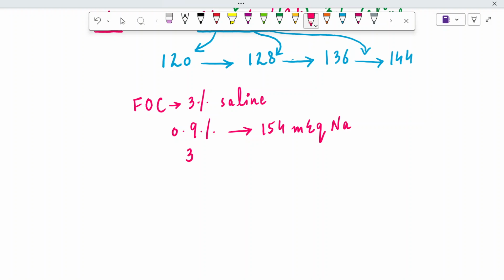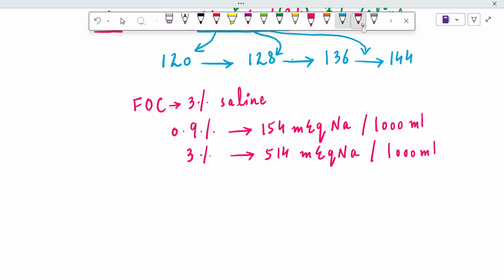And 3% saline contains 514, just altering the numbers, right? 514 milliequivalents of sodium, and these are over 1000 ml, over 1 liter of the fluid.